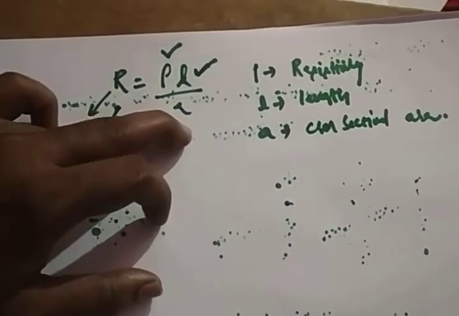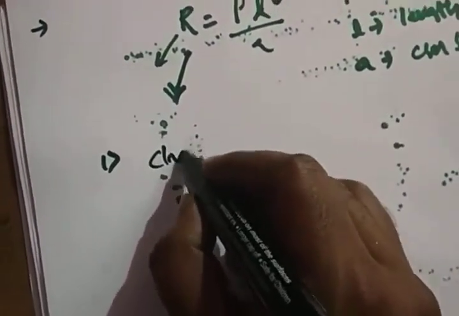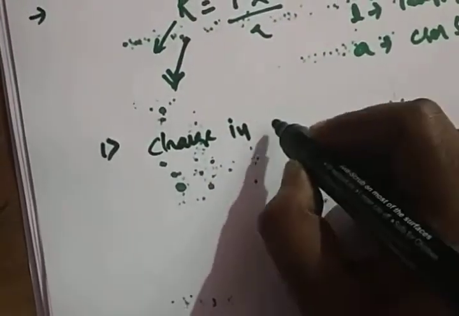So whatever the cross-sectional area is equals the changing resistance, which is the change in voltage. These are the three parameters from which you can easily convert the non-electrical quantity into an electrical quantity. I hope it's clear. The first thing is change in length or displacement.